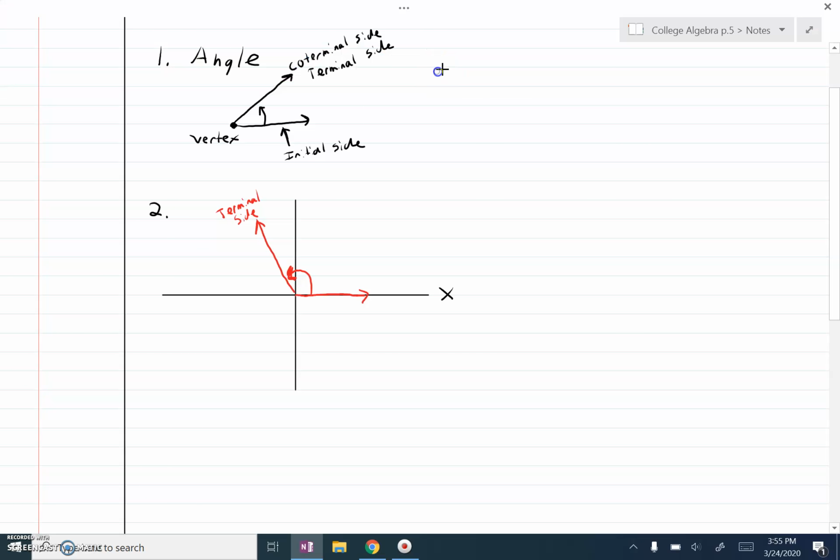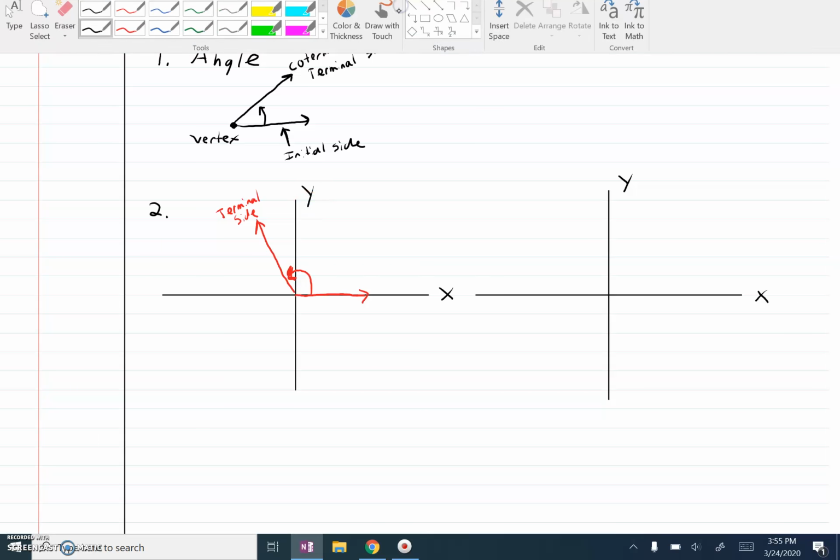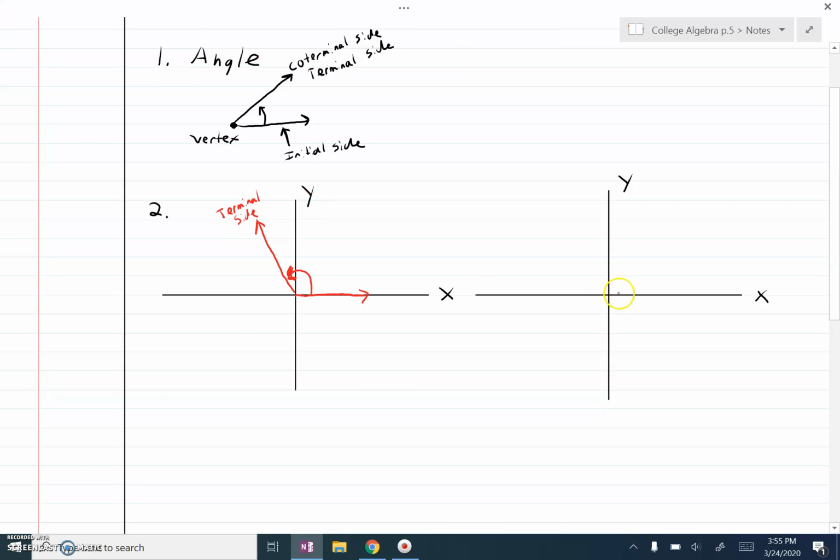You can also have angles that go in the negative direction. Let's say I have the exact same thing, x and y. Again, the x-axis would be the initial side, and then it could go either direction. Let's say it went this same angle here.